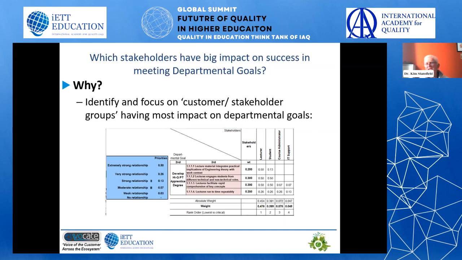So this is just an extract again of a customer segmentation table, understanding who are the priority stakeholders to focus on when you do the data collection, recognizing throughout this, having been a program manager, the critical issue is to understand I have a finite resource and a finite amount of time.